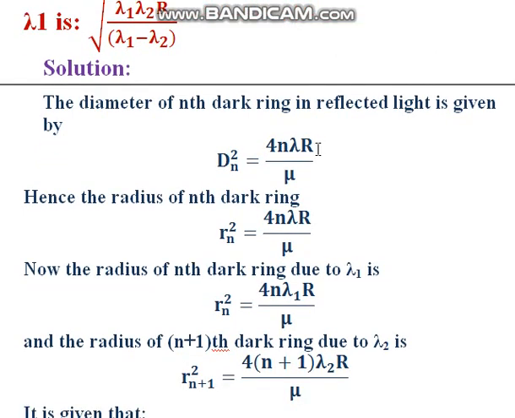First of all, we write the general formula. This is the diameter formula, not the radius. Let's call it dn.